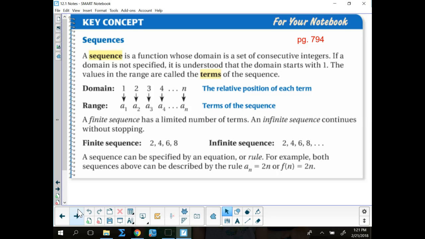A sequence is a function whose domain is a set of consecutive integers.